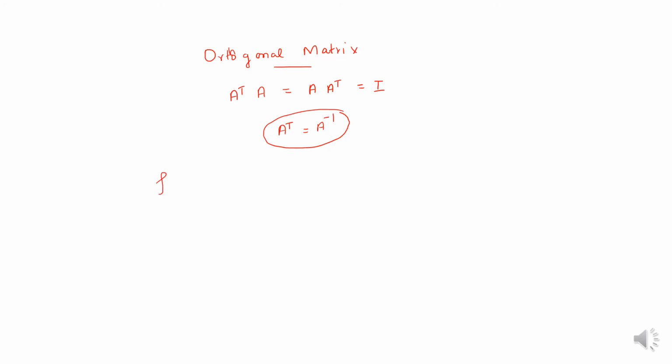And next I am going to explain the trace of a matrix. Trace of a matrix na enna? Trace is the sum of the elements in the leading diagonal.